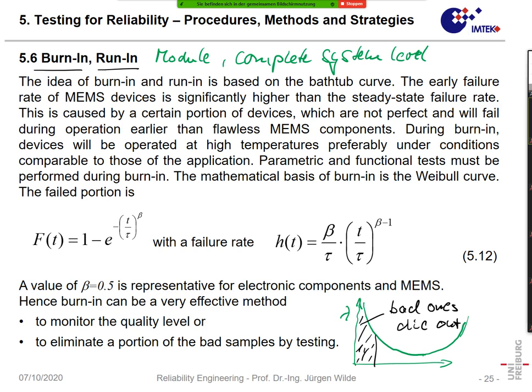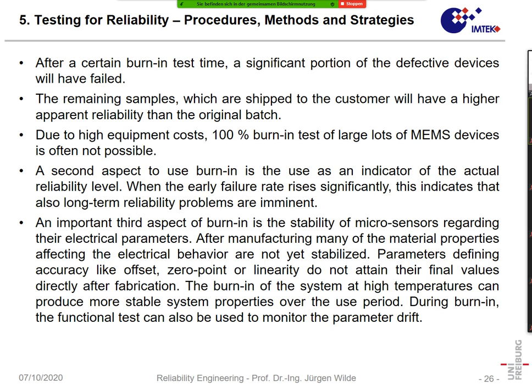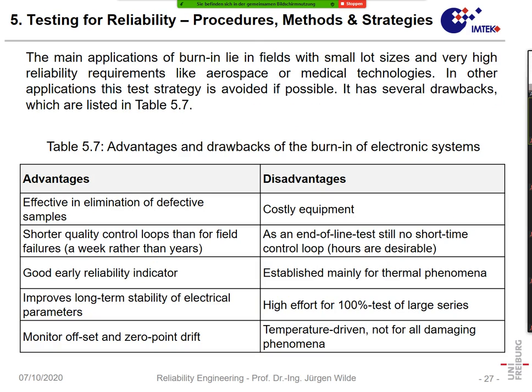And of course, we have another acceleration factor. Here it is 1, and here the acceleration factor is larger than 1 in the burn-in. And in that way, we can do this burn-in.